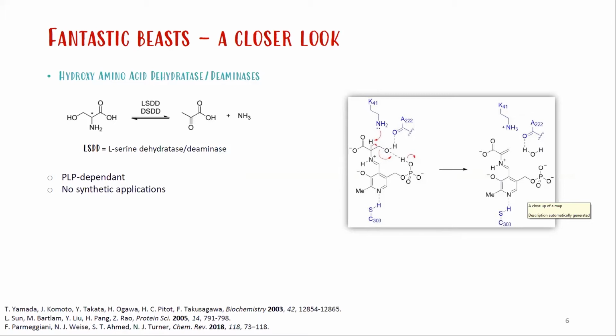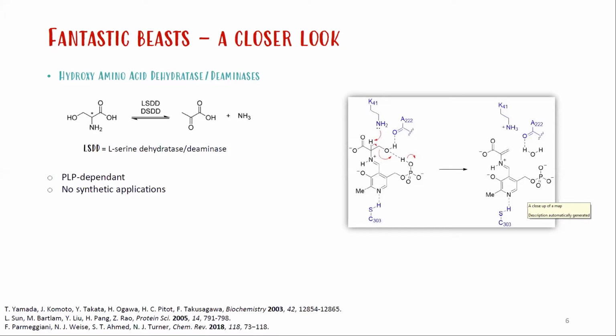But what happens is if you take a look at the overall reaction, you get elimination of water, and then you need 1 molecule of water to hydrolyze the imine, right? So a net reaction would not be showing water. So in a way, yeah, you could say that it is a CN lyase.